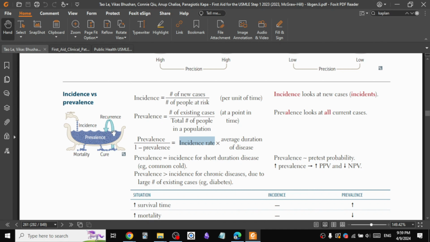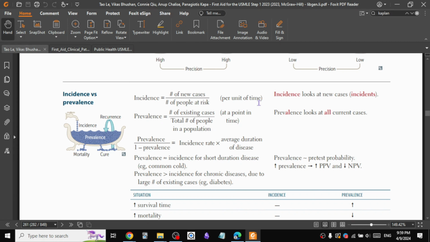I'm taking a certain group of people who are at risk. That is what the denominator indicates here. So I'm taking the people at risk and the people who, because of that risk, are now having the disease. That is incidence, and this is per unit of time.